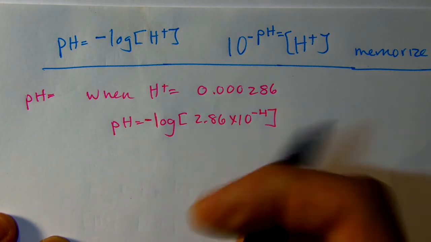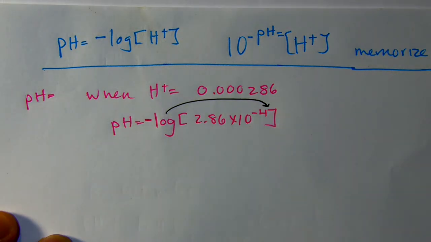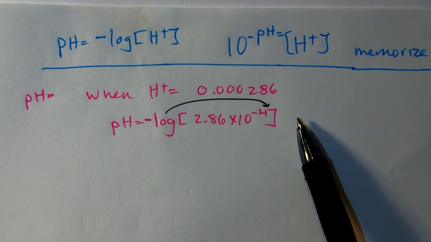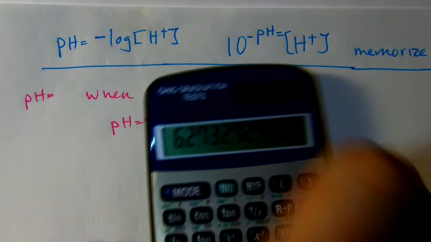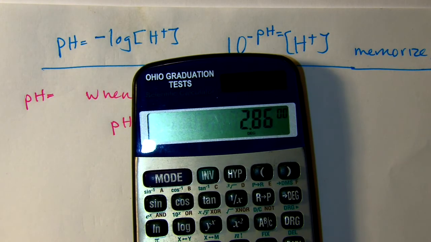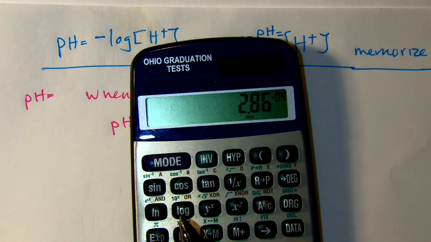Hopefully you see that's your logarithm. You're going to be something around 10 to the something with a 4 or a 3 or maybe a 5. Let's see what happens here. Clear. So 2.86. Got the number in there. Take the log right here. Boom.